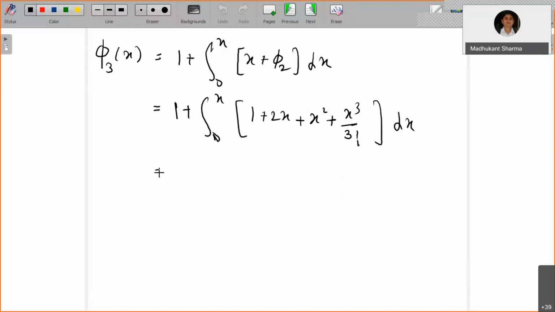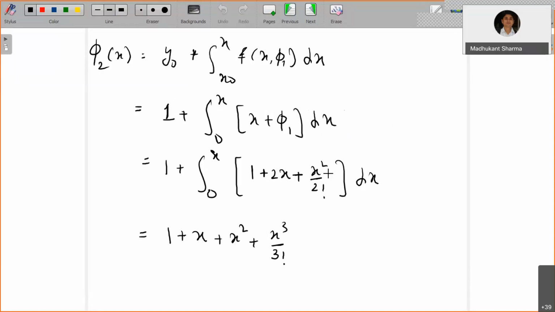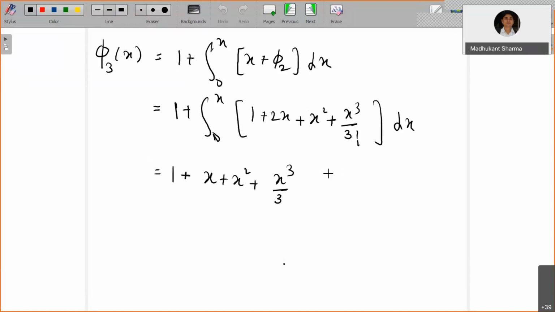So this is equal to 1 plus x plus x square plus x cube by 3, plus x to the power 4 by 4 factorial.